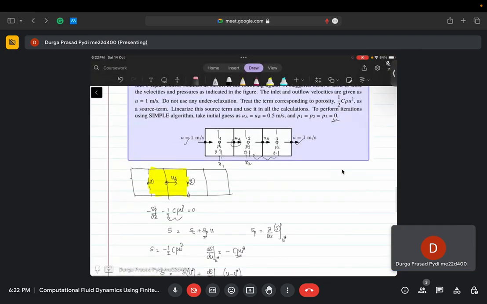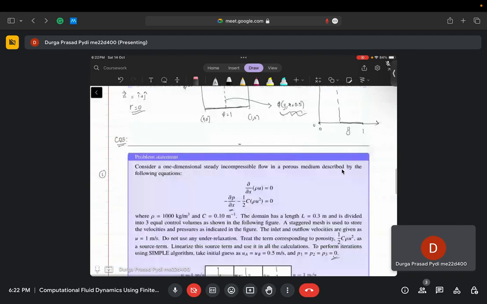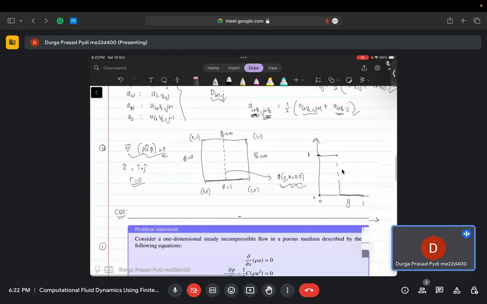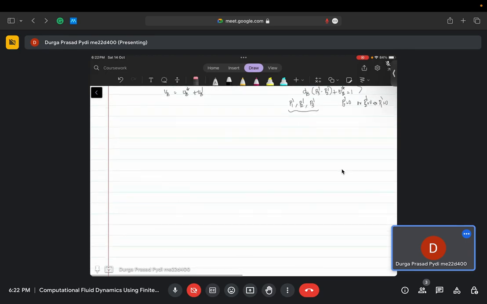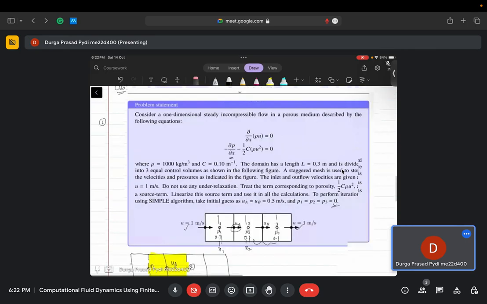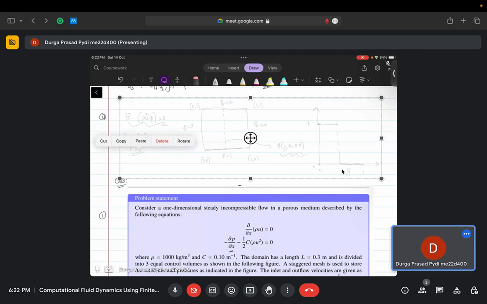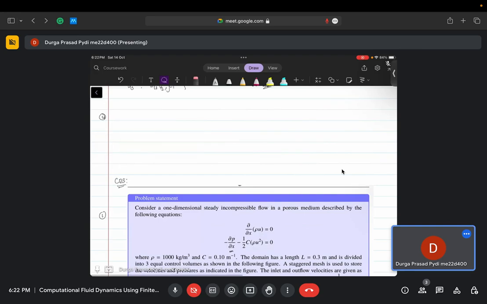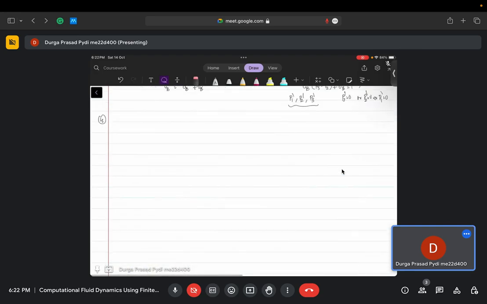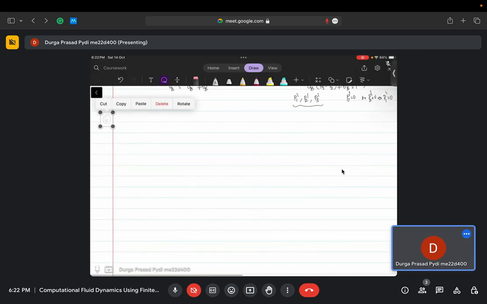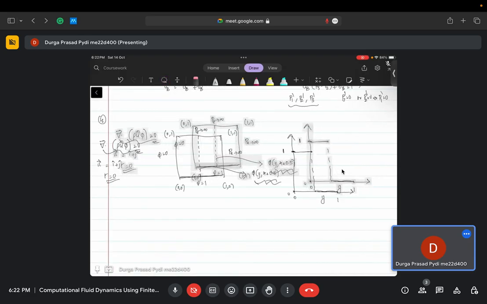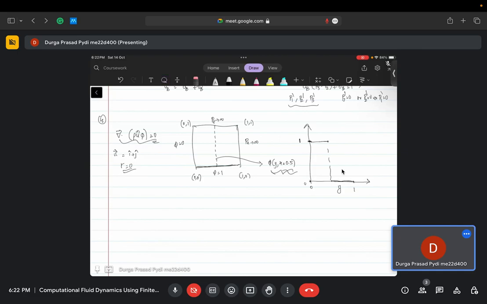So coming back to the problem we were discussing. If this is the domain and this is the governing equation, can you solve it using CDS?